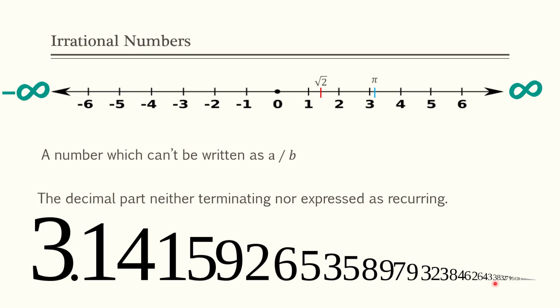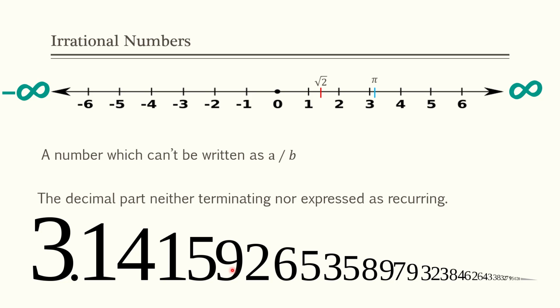For rational numbers, we talked about 1 over 3, right? 0.33333, where the 3 was repeating every time. That means it was recurring. But for pi, none of the digits are recurring. There is no specific pattern to establish that it's recurring. So this is the fundamental nature of irrational numbers.